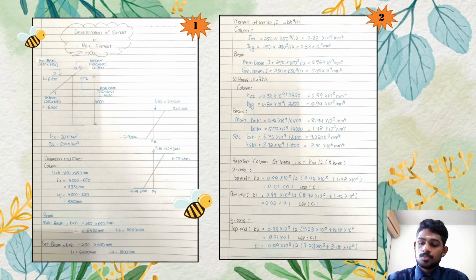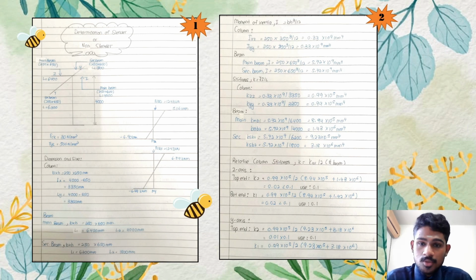Okay, the next I'm going to explain is the moment of inertia, which has the formula I equal to b h to the power of 3 over 12. For the column, Izz is equal to 250 times 250 to the power of 3 divided by 12. So you will get a value of 0.33 times 10 to the power of 9 mm⁴.